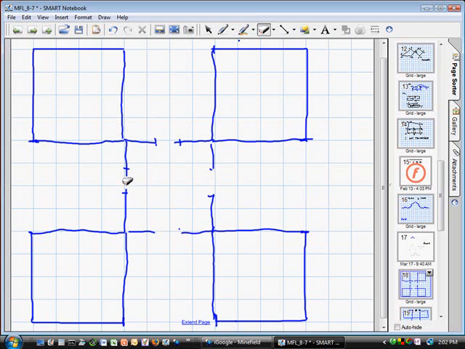A little too happy there. And then build a square going toward the inside. It should look something like that, but mine isn't real equal.